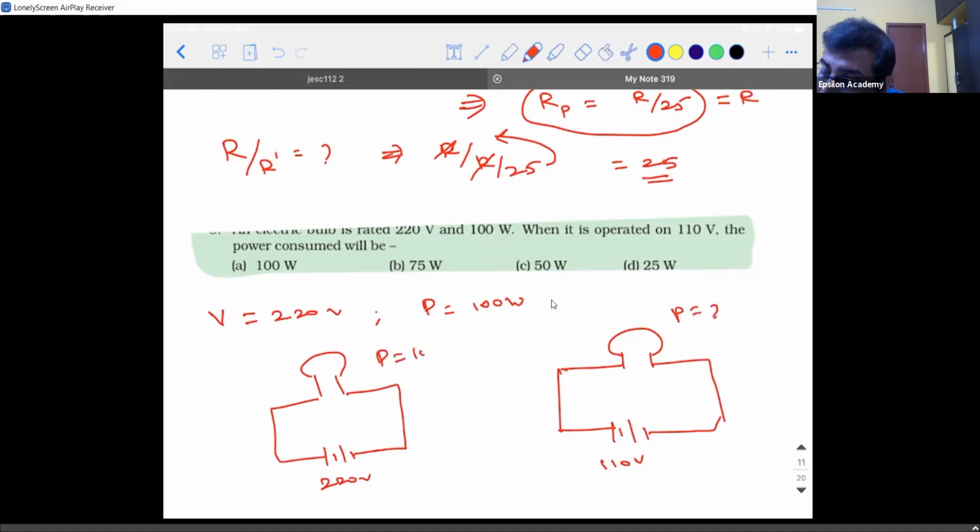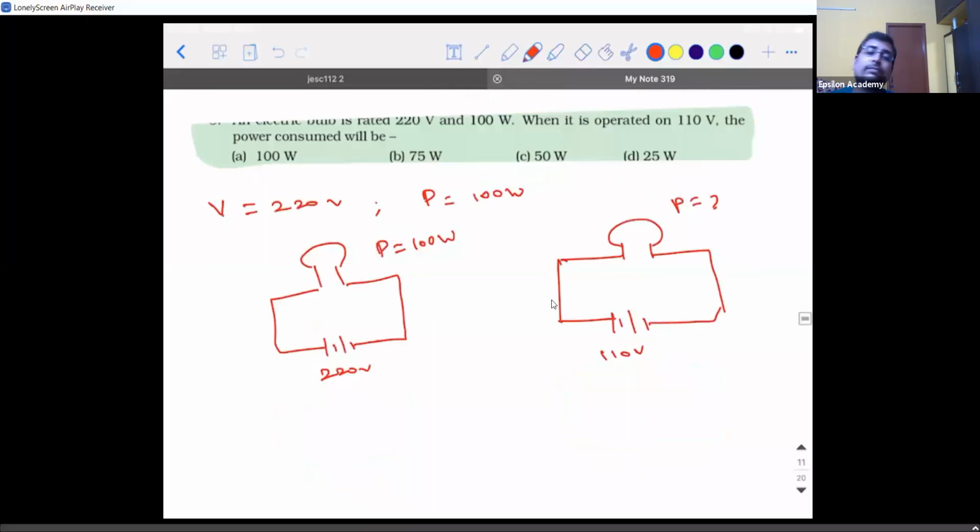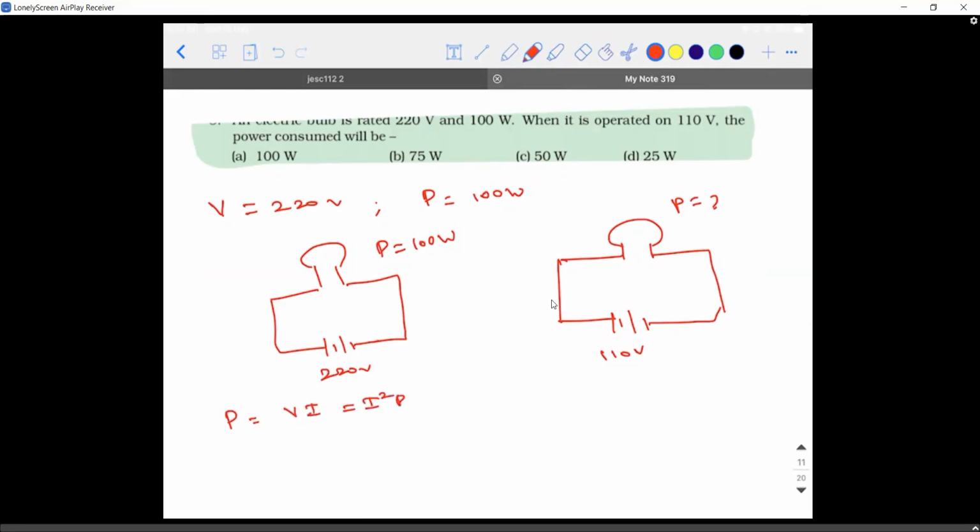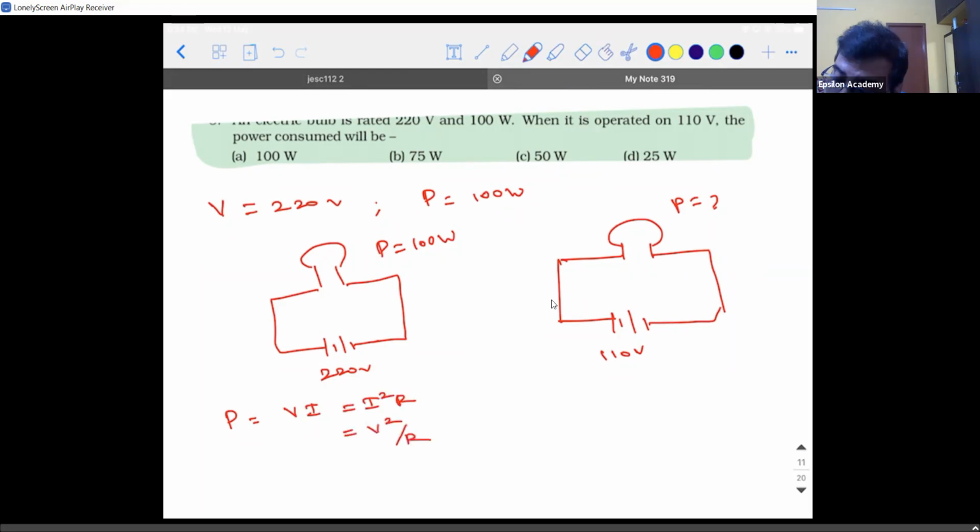Here power rating is 100 watt. How to solve? Power is equal to V into I, I square R, or V square divided by R. So whenever these kind of power and voltage problems come, I always suggest you to find the resistance of that bulb and use it in the second case.